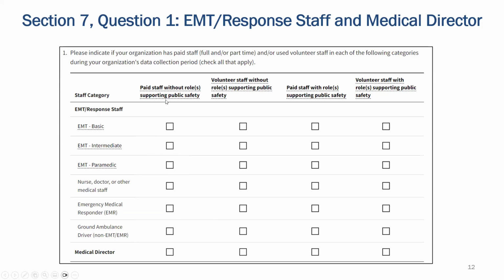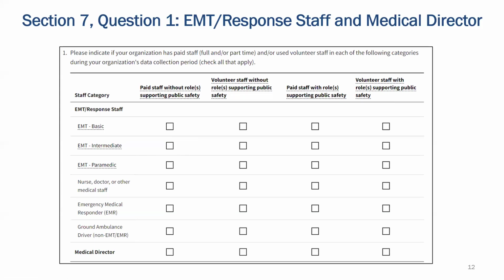You can have paid staff that only have ground ambulance roles and not public safety, like fire or police roles. You can also have volunteer staff that are ground ambulance only. And then you can have both paid and volunteer staff that have both ground ambulance and fire, police, or other public safety roles.